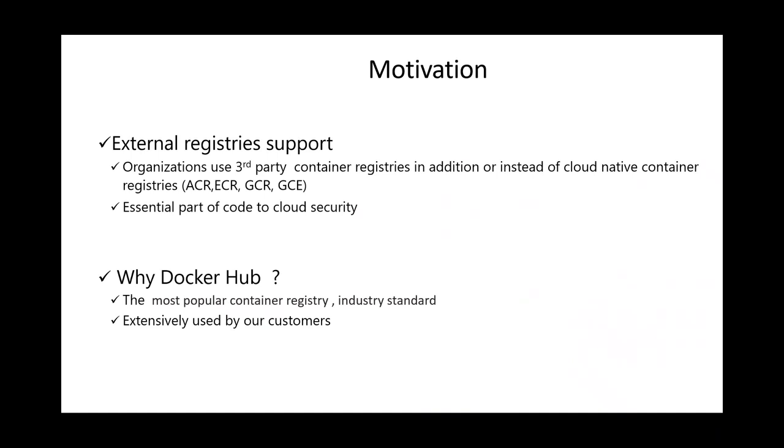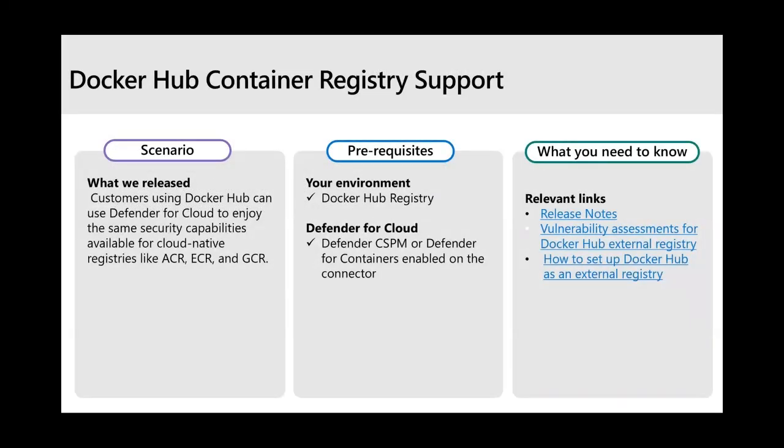Currently we support all major cloud registries for AWS, Azure, and GCP. But we acknowledge that customers are using additional third-party registries like Docker Hub. Docker Hub is also one of the most popular container registries and extensively used by our customers. So for that, we've added support in Defender for Cloud.